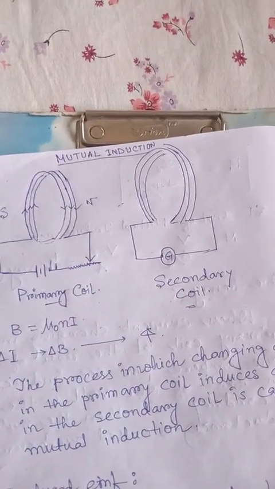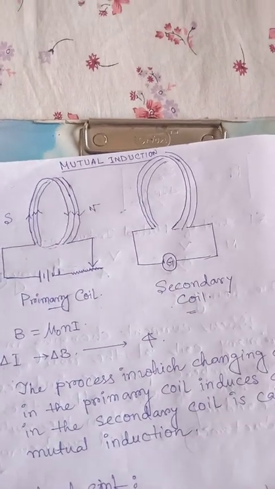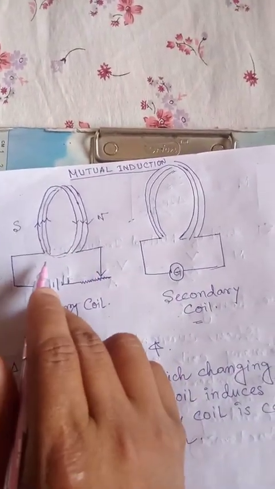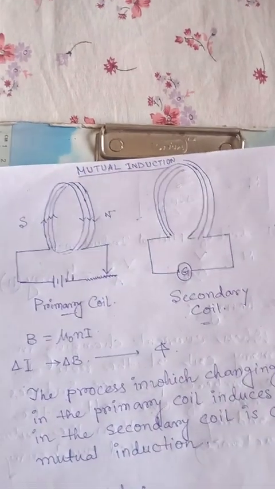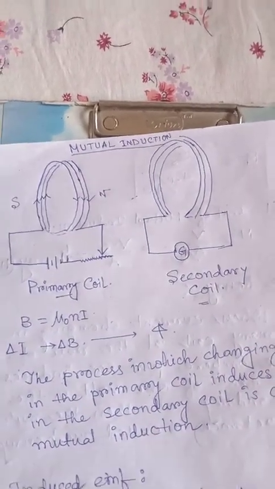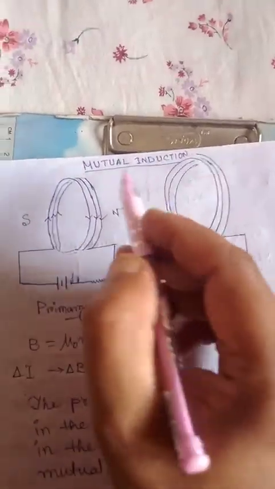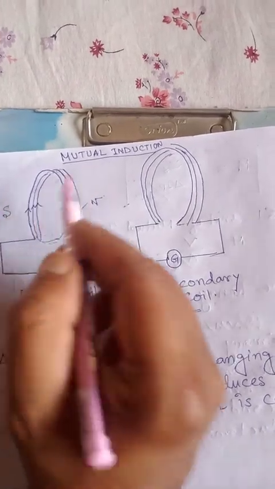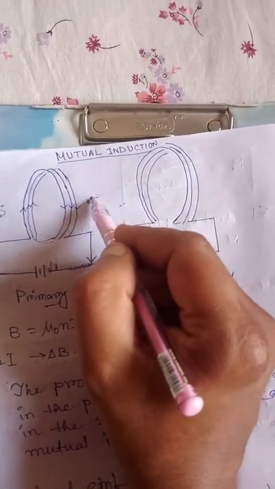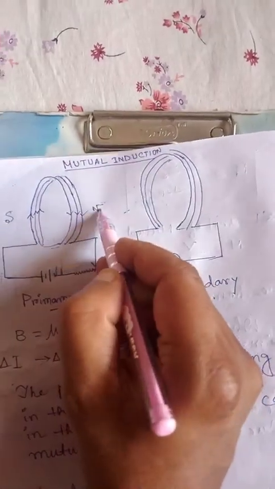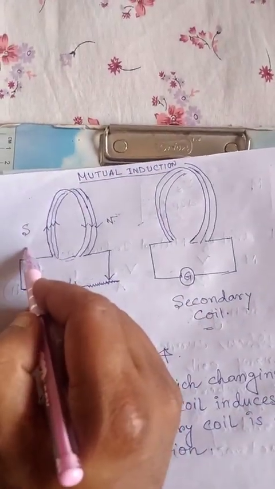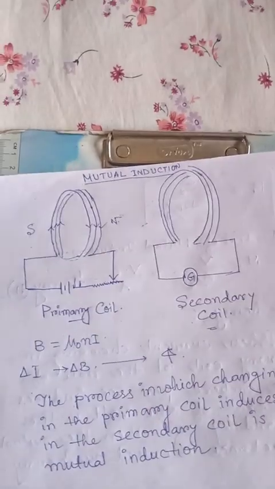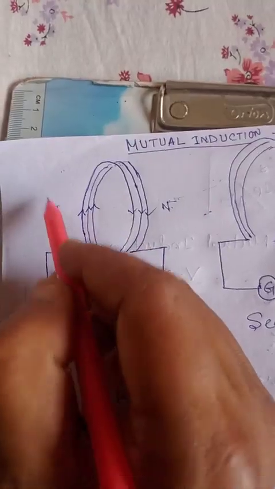So we can draw the magnetic field lines for that electromagnet. The field lines go from south to north inside the electromagnet, and outside they emerge from the north pole and enter at the south pole. If we draw the magnetic field lines with the red pen, I can show you they look like this.